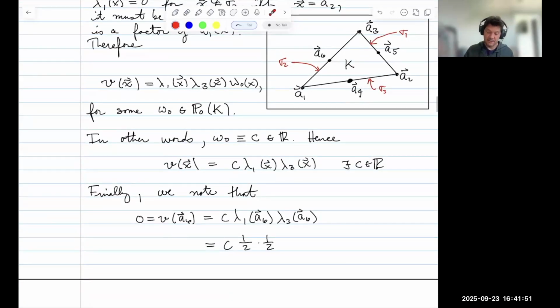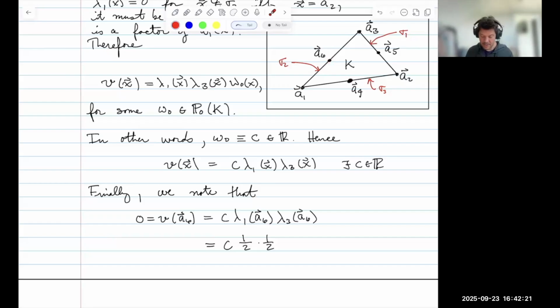In any case, now that I'm evaluating at A6, what do I get? I get 0. But if I plug A6 into this side of the polynomial, what is the value of lambda 1 at A6? Remember, lambda 1 is going to be 0, a quarter, 1/2, 3/4, 1. It's going to be equal to a half all along that line. So if I insert A6, that's just going to be a half.